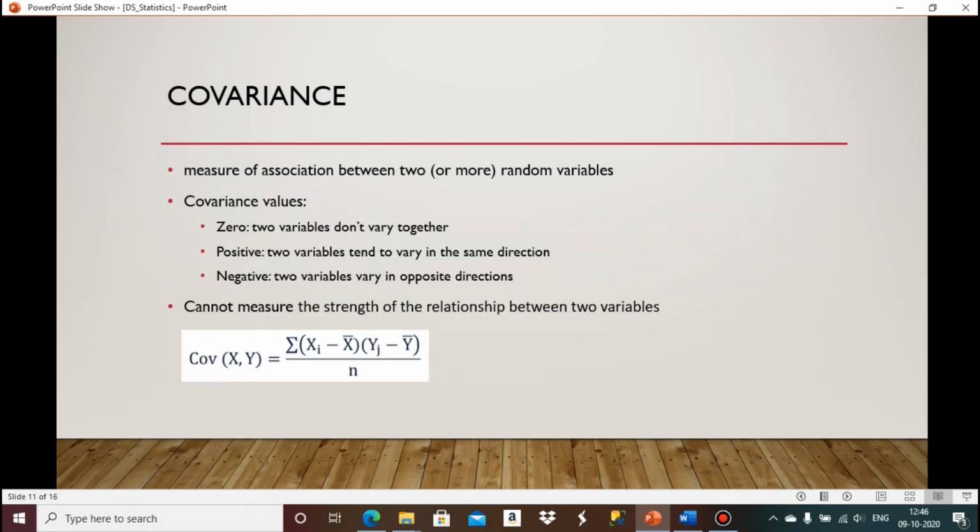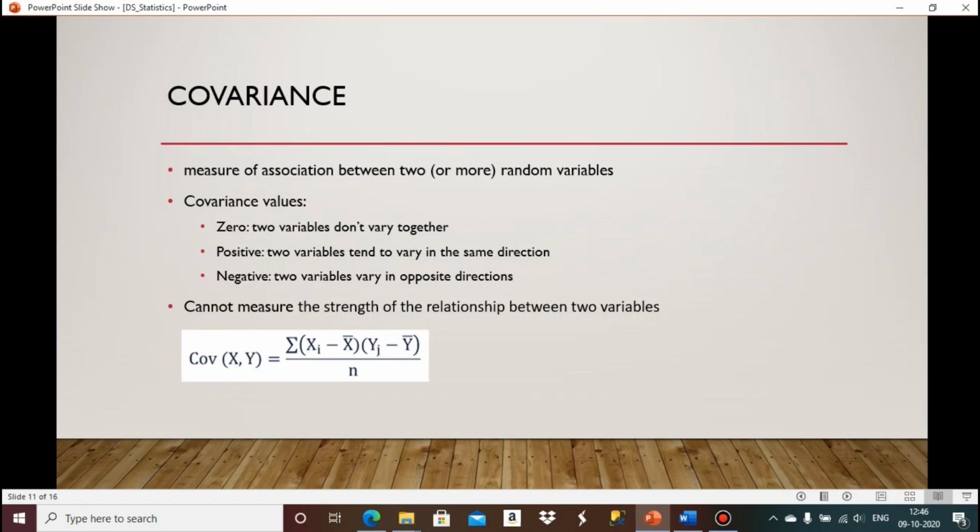You will always find that whenever you are increasing the meter value, the centimeter value is also increasing, right? So they are related and they are moving in the same direction. They are closely related, like increasing one's value also increases the value of the other one. That is the positive covariance.